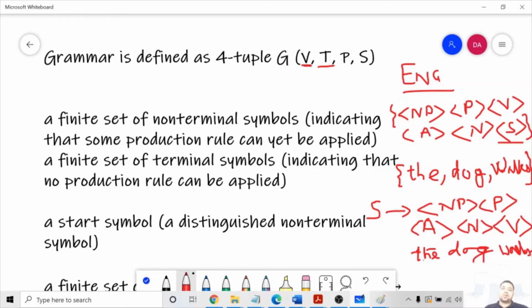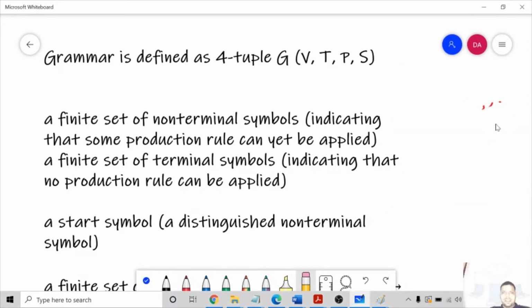Okay, so the grammar is what? Grammar basically expresses a language, because you know that in English you have a set of terminals which is already in your dictionary, and you can derive an infinite number of sentences from those terminals.